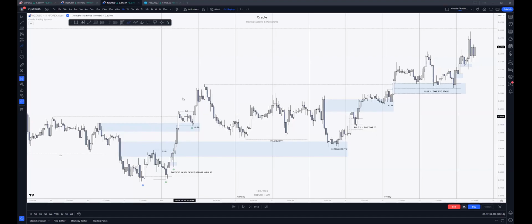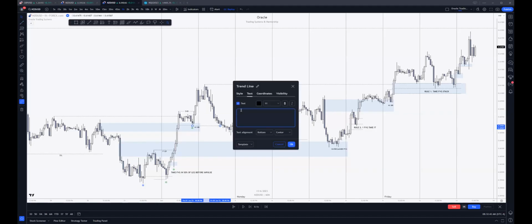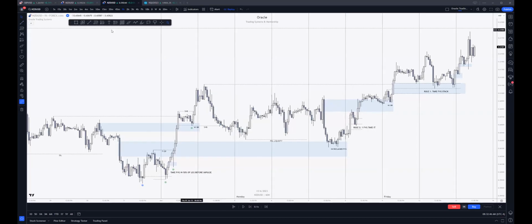Breaker, we push down. Okay, we have an SMB. There's no body closes here, but when I just see it start chopping below here, I'm going to call this an SMB. But you have to keep in mind that there is no impulse. There's no displacement. So I'm going to label that out, right?